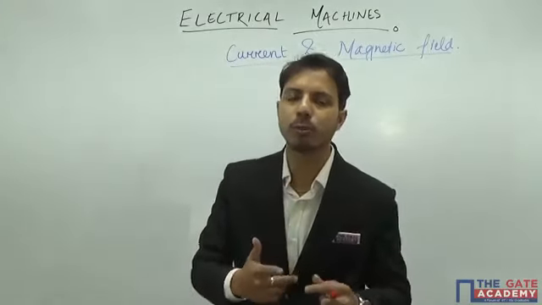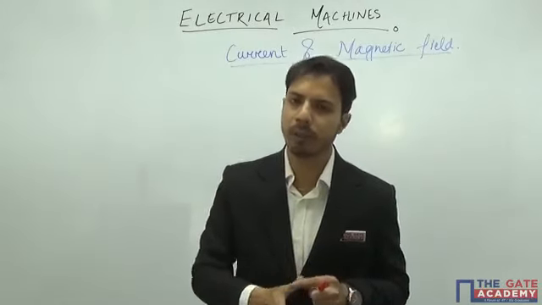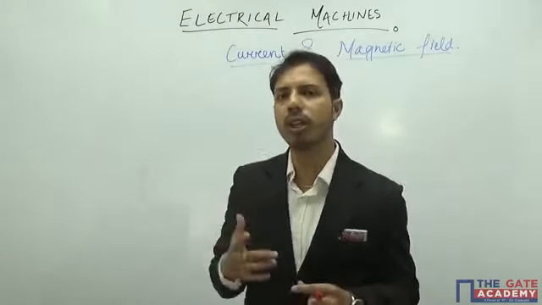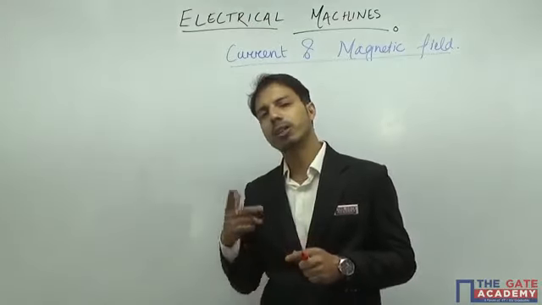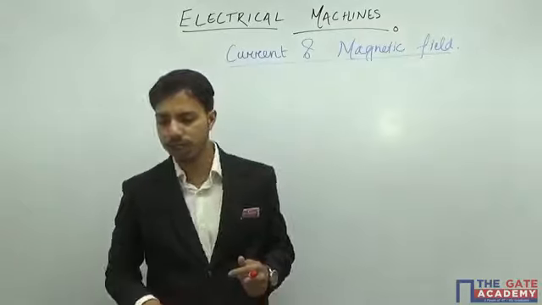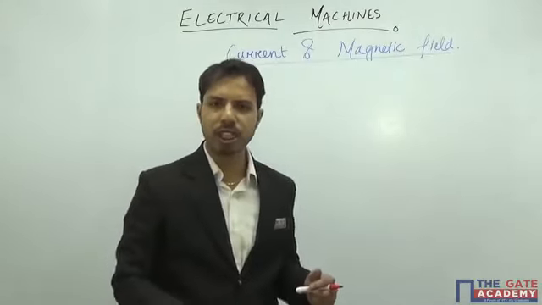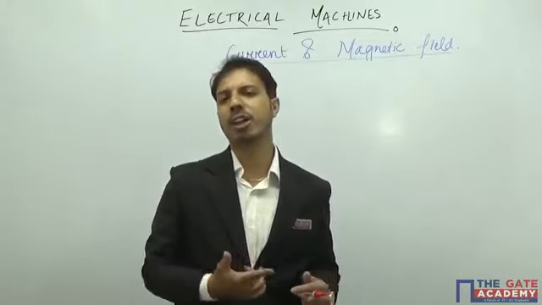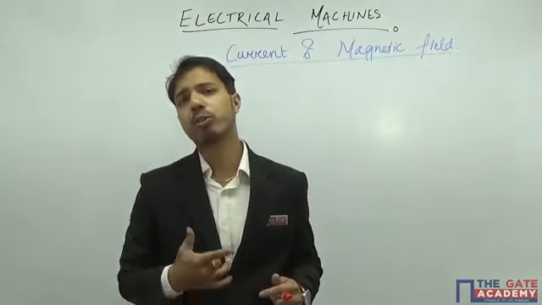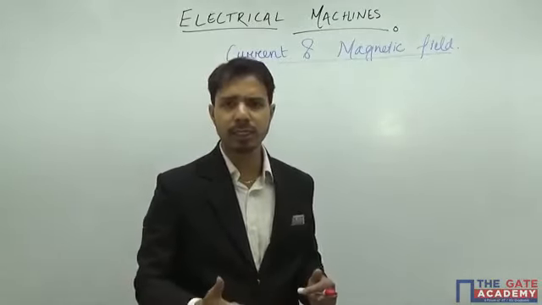We knew the direction of the field and the direction of the force, and by using Fleming's right hand rule we found the direction of the induced EMF. In this situation, we have the direction of the current and the direction of the field, so we need the direction of the force that is generated.